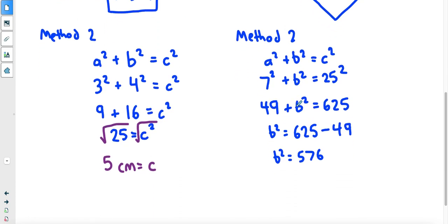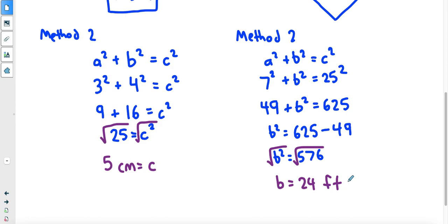And again, just like before, to find the side, we need to take the square root. The square root of 576 is 24. So the length of the missing side here is 24 feet.